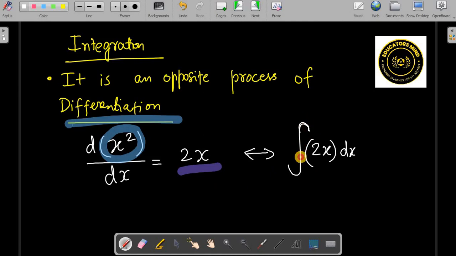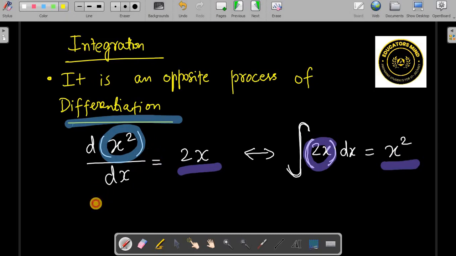This is the symbol for integration of 2x. Here this is the function. dx means with respect to x. So that will become equal to x square. That means if you integrate 2x with respect to x, you will get x square. It is just the opposite of the differentiation process.